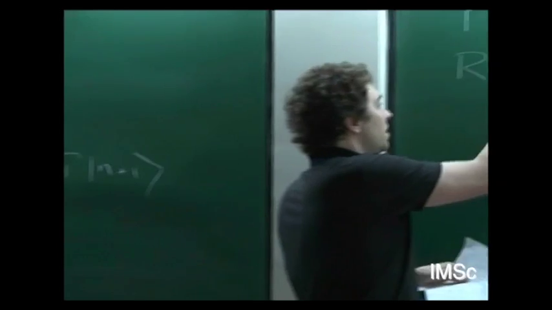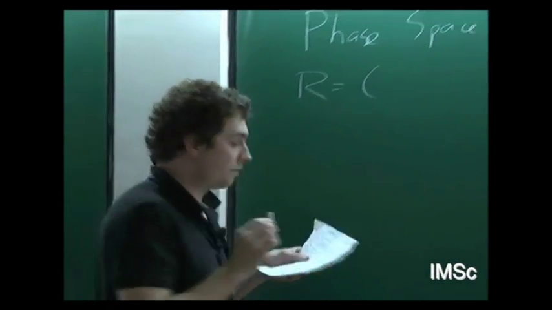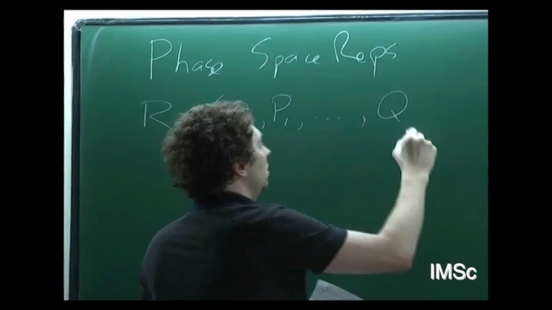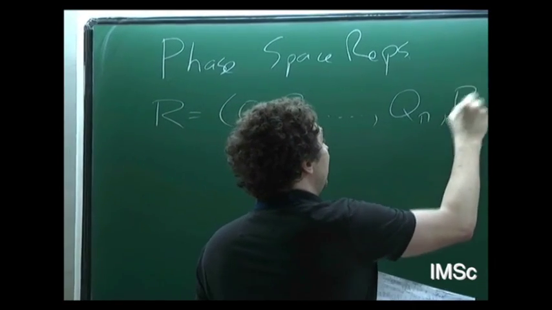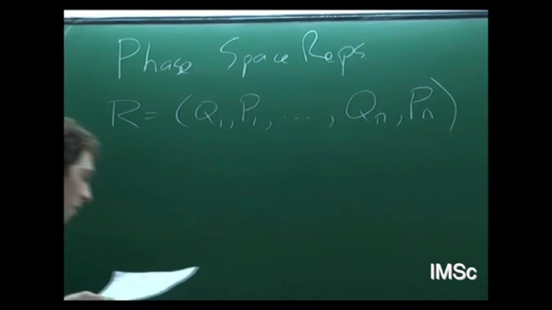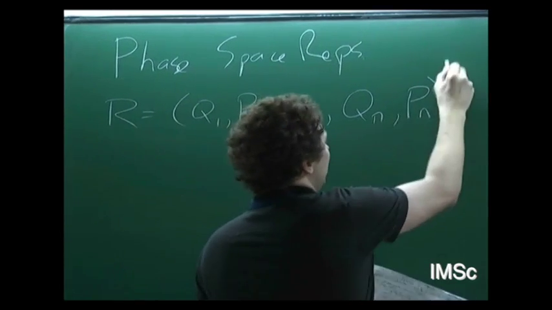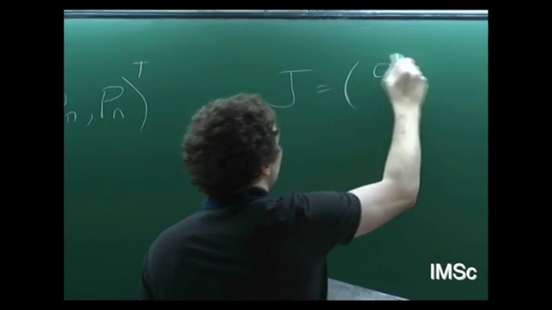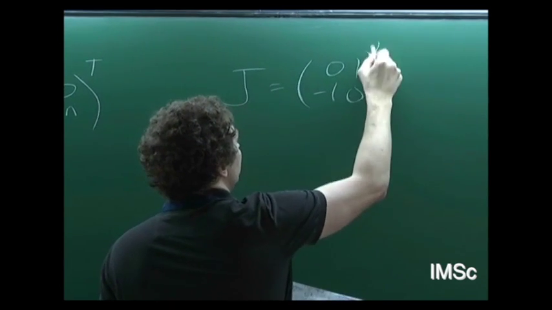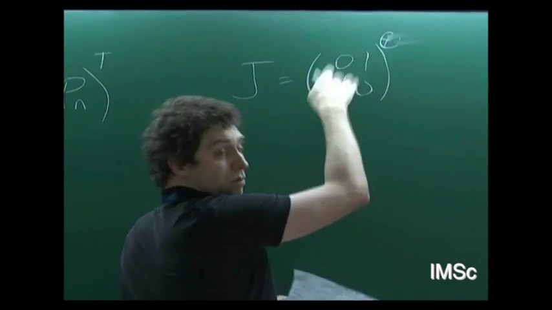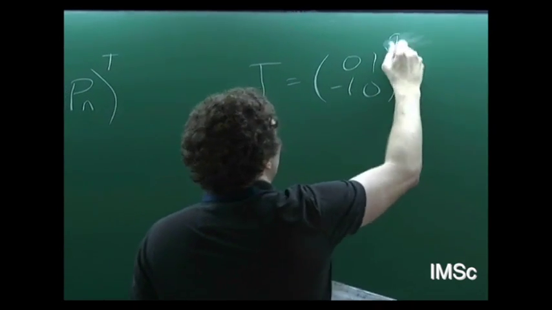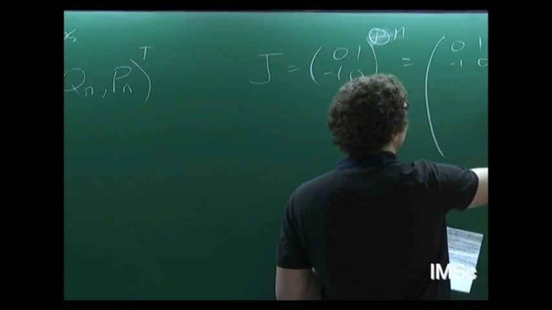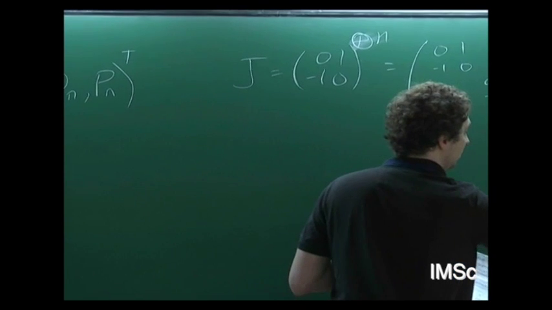So I'm going to let R just be a vector of these different quadratures. So I have Q1, P1, all the way up to Qn, Pn. Okay, and I'll make it the transpose of that, and I'm going to define this symplectic form as just the direct sum of a bunch of ones and zeros. Okay, so I could write it like this, or I could just put 0, 1, minus 1, 0, 0, 1, minus 1, 0, all the way down.